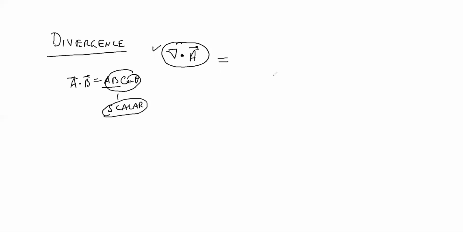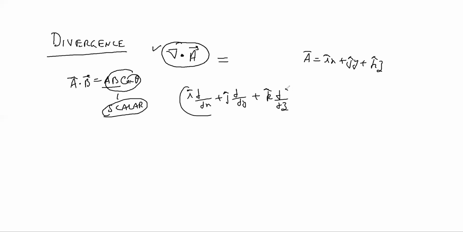For example, if A is equal to i cap x plus j cap y plus k cap z, and you do i cap d by dx plus j cap d by dy plus k cap d by dz, then dot product with i cap x plus j cap y plus k cap z, what will you get here?